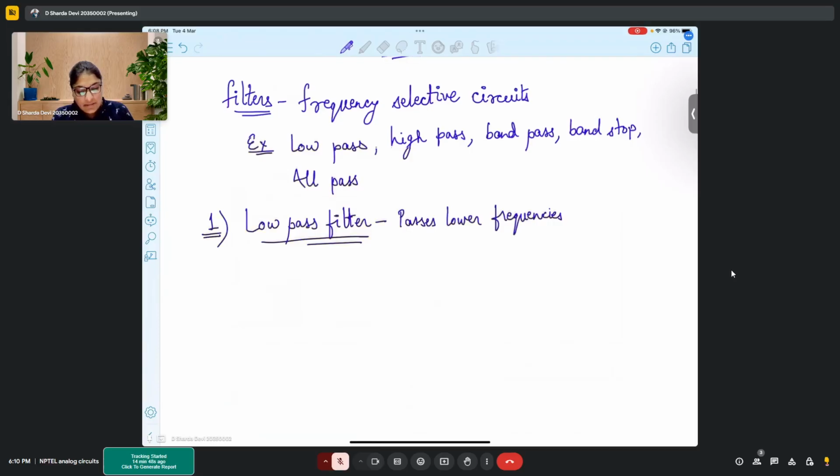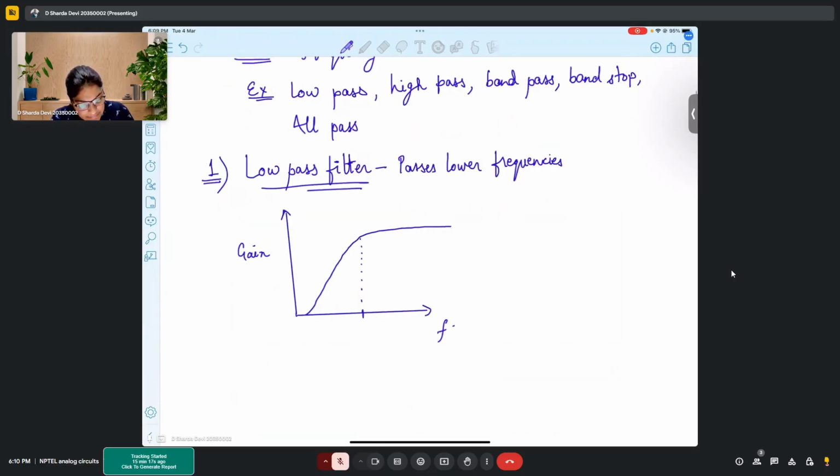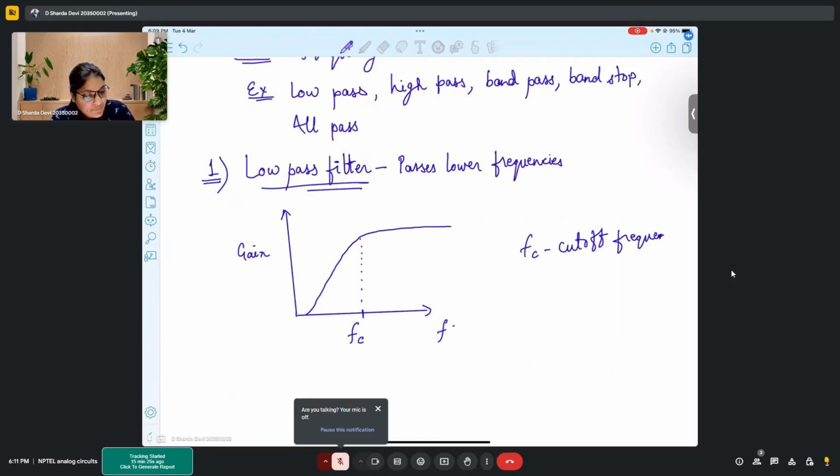If we talk about the frequency response of this particular filter, the frequency response of a low pass filter looks like this, where this is the gain, this is the frequency, and this is FC, where FC is the cutoff frequency.